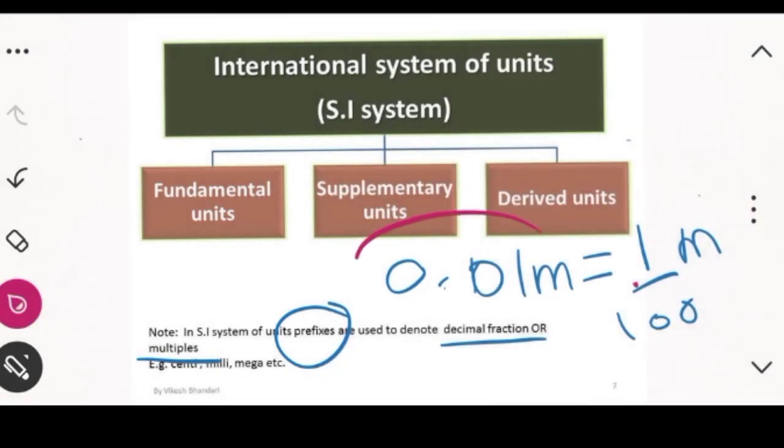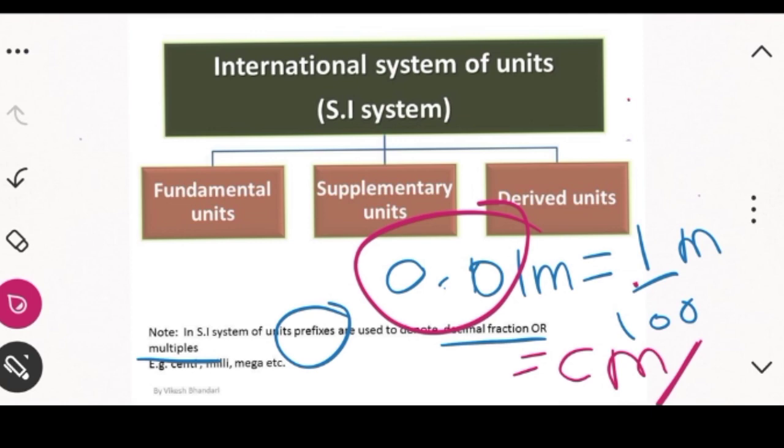In order to avoid this decimal fraction, we are going to use the prefix called centimeter. Here meter is the SI standard unit of length. Like that we are going to tell.